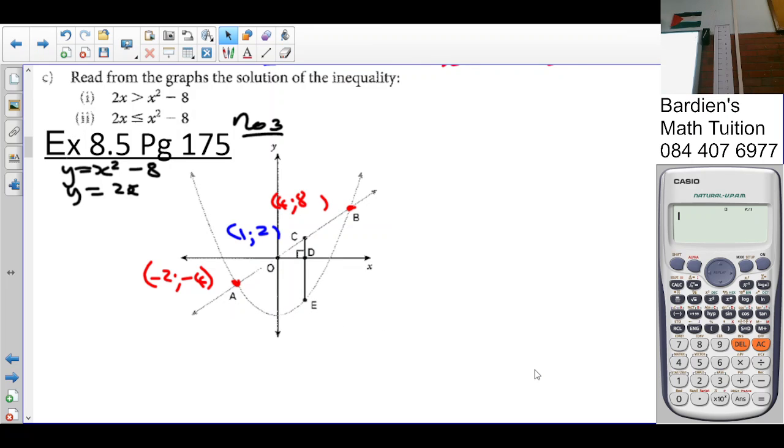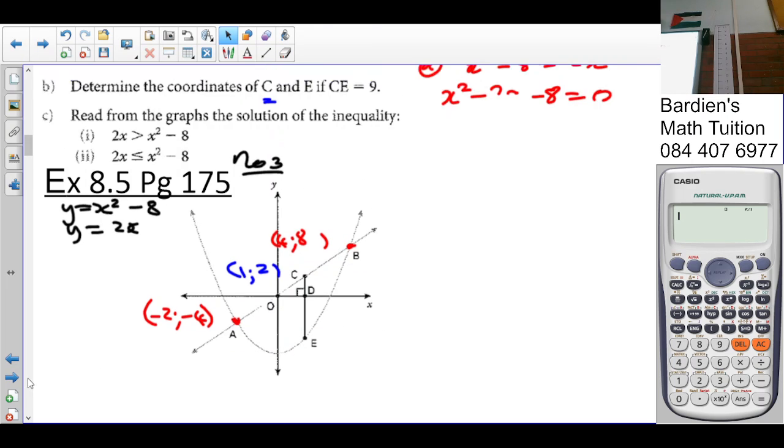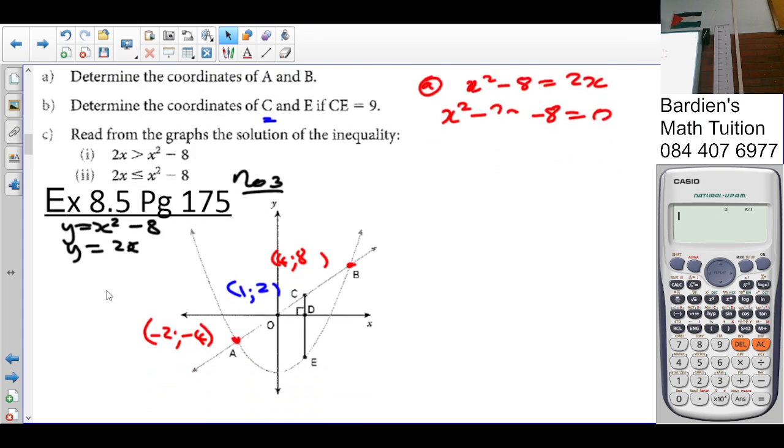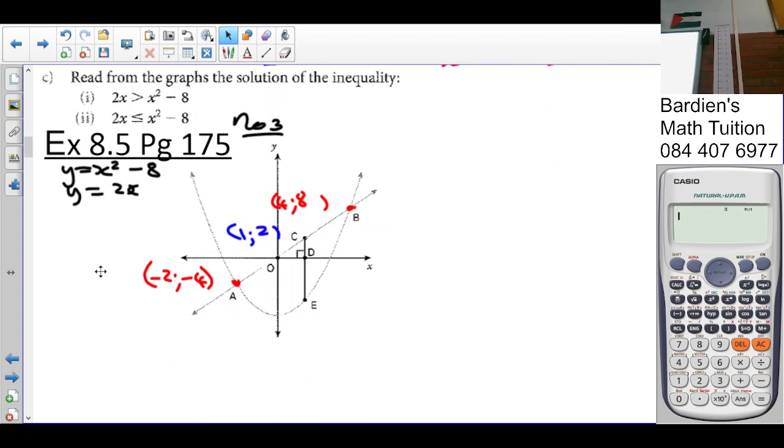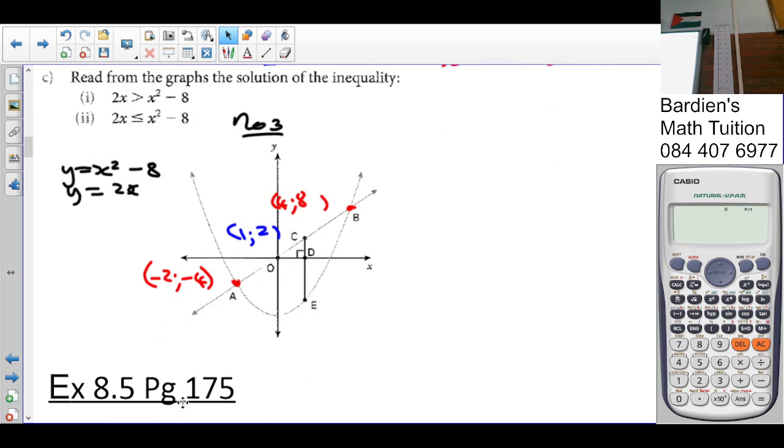Now coming back to the next question, C. Let's pull this down here. The diagram is becoming busy now. They want to know in C, number 1, where is 2x greater than x squared minus 8?